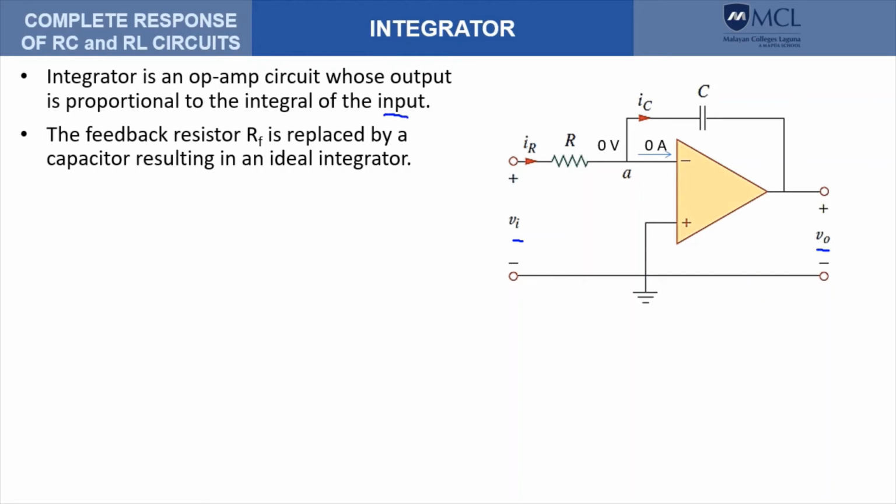Remember our previous discussions on op-amps, where we have a feedback resistance. We replace this resistance by a capacitor in order to achieve the integral function.